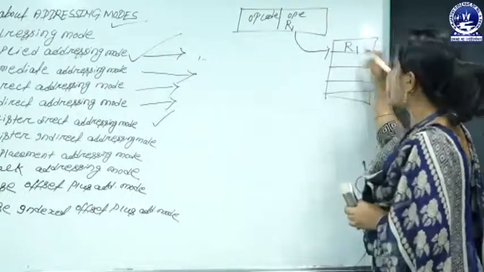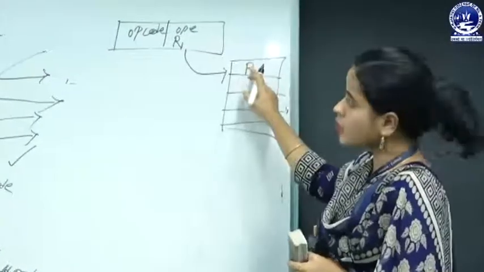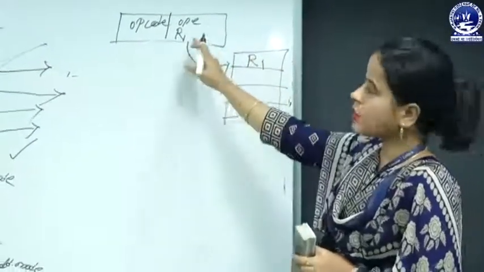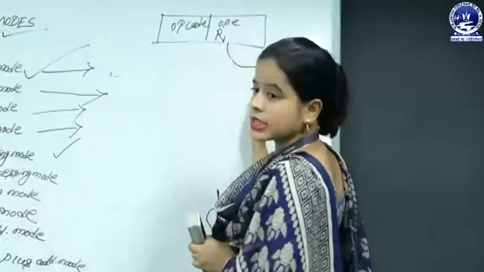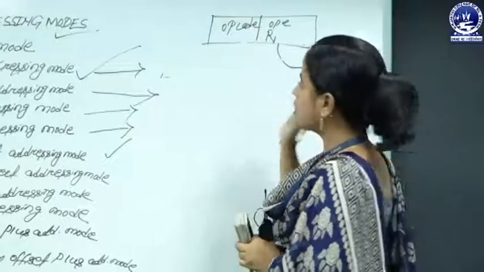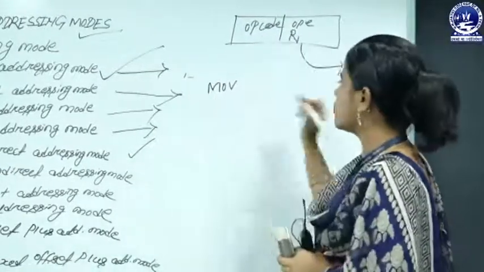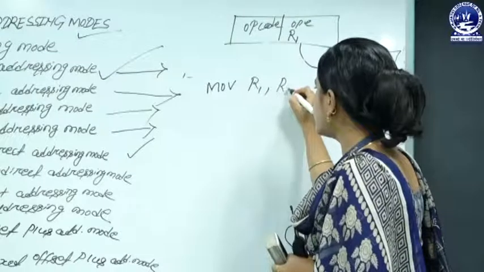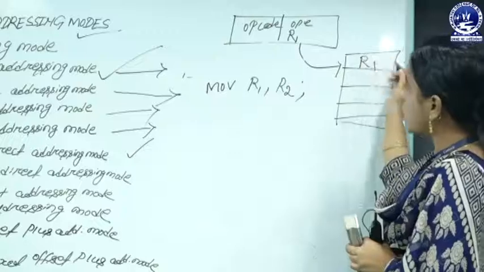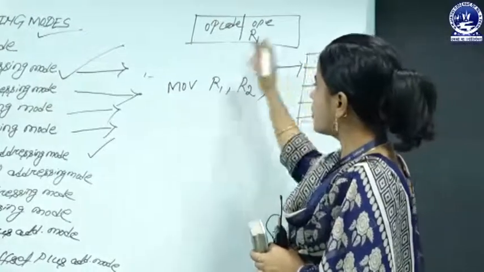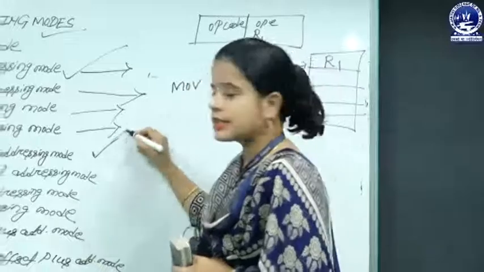Suppose here the operand value is stored. Once the given register location is located, the data value is accessed. Here is how this graphical notation is expressed in assembly language. Suppose we represent one example, move R1, R2. That means R2 is the operand whose data value is moved to the R1 location. That's register direct addressing mode.